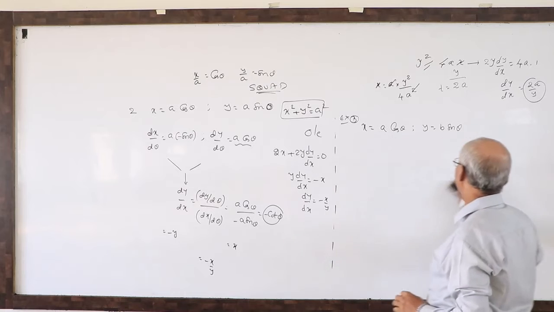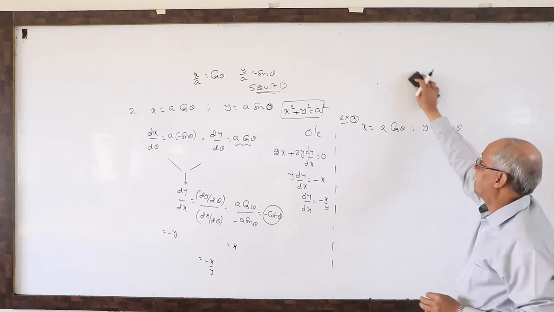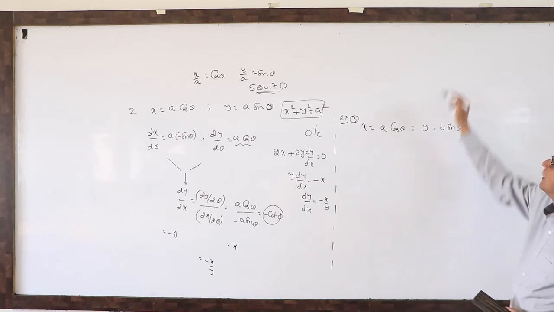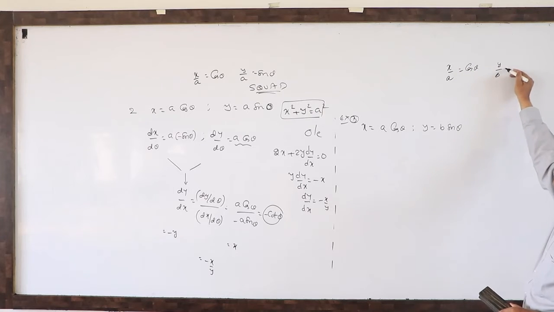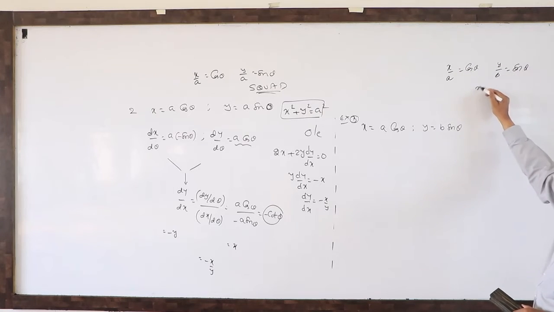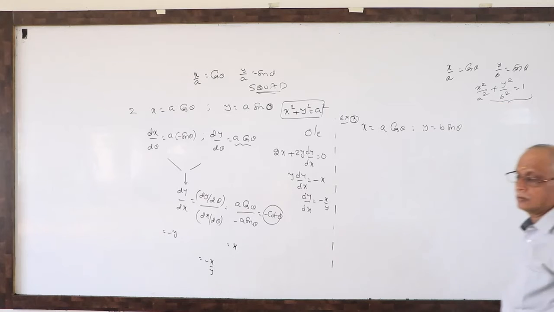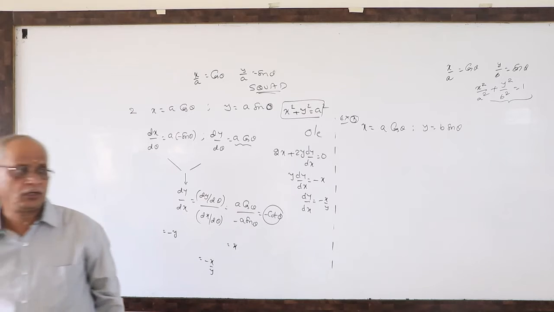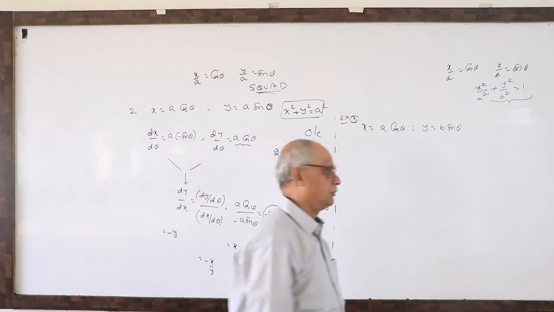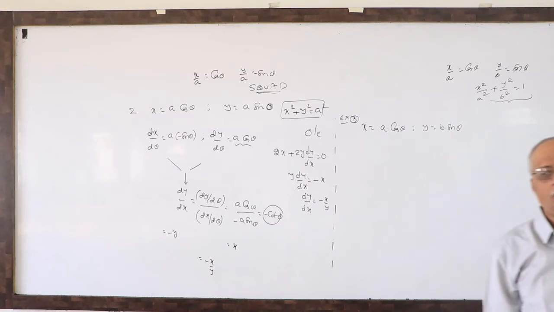What is the equation for the elimination process? x by a is cos theta, y by b is sin theta. Again squaring and adding, x squared by a squared plus y squared by b squared equals 1. What type of equation is this? It represents an ellipse. That is the reason for all these first 4 examples I am giving, which are already there either in your differentiation problems or in coordinate geometry.